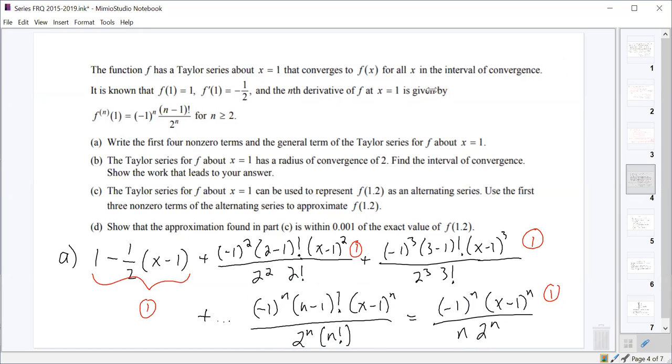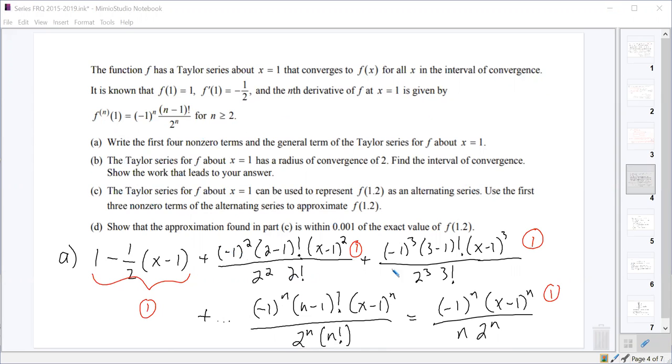Yeah, so Adrian, that's a good question. It only works for n greater than or equal to 2. And so when we go about writing out our series and looking for the interval of convergence, we need to be careful about how we write it.